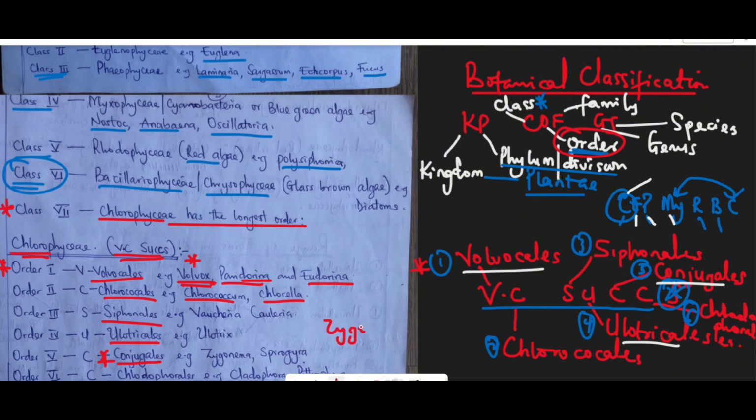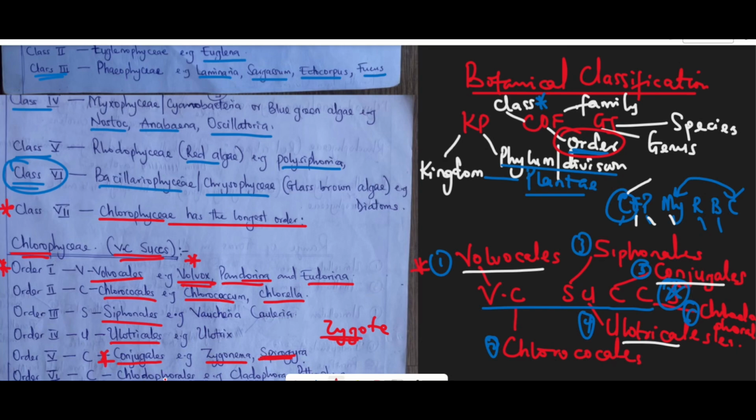So when you remember that idea, two things coming together to conjugate, then you should think about zygotes, right? Then you have the example of Zygnema. Now, an example of an organism that undergoes conjugation as a method of reproduction is Spirogyra. So Spirogyra undergoes conjugation. That makes sense, right?